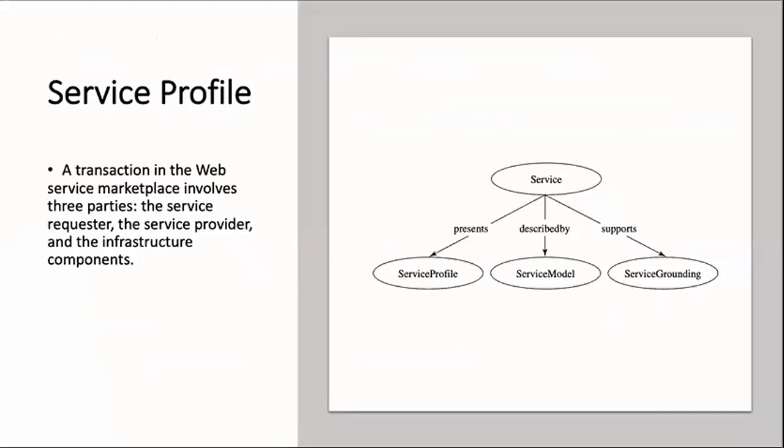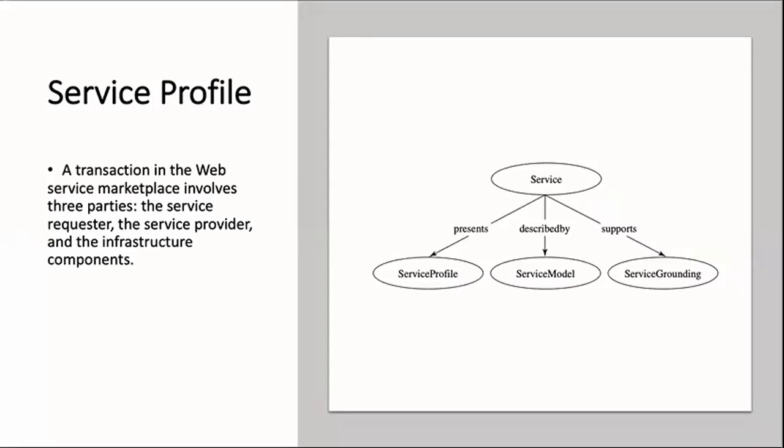First is service profile. A transaction in the web service marketplace involves three parties: the service requester, the service provider, and the infrastructure components. The service requester seeks a service to perform work, and the service provider offers a service. The infrastructure components are available to facilitate the process and include items such as registries to match the request with the available offers.